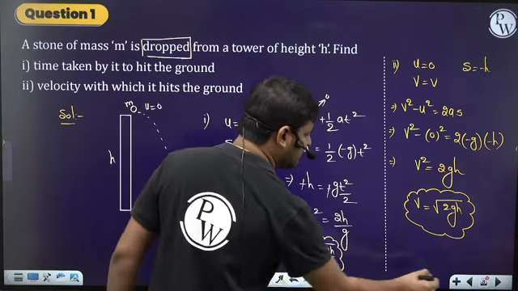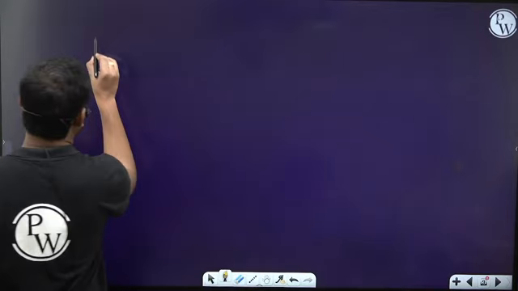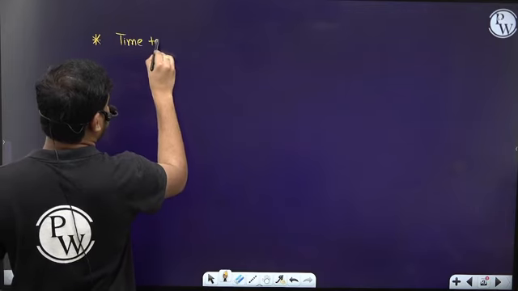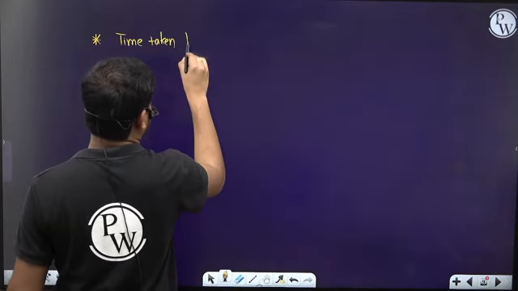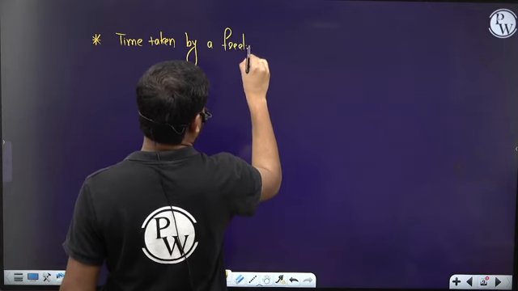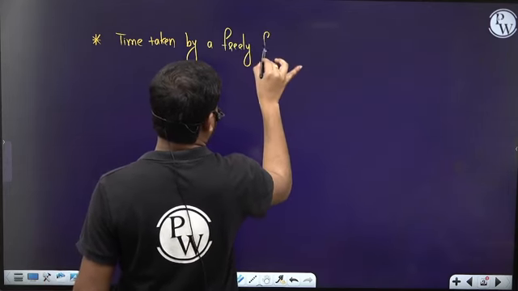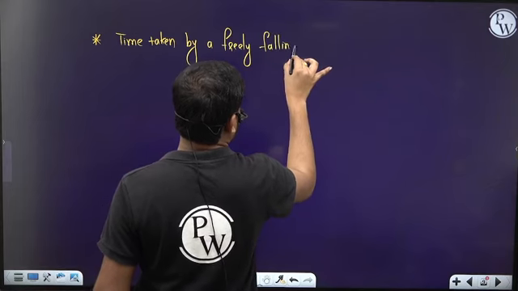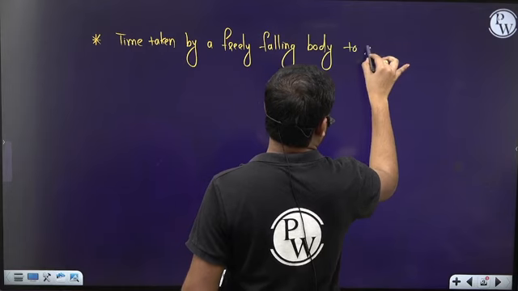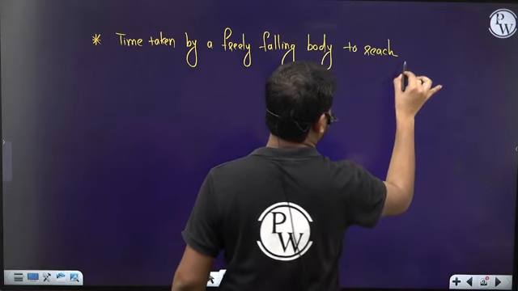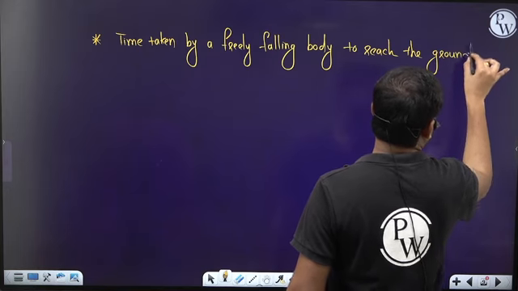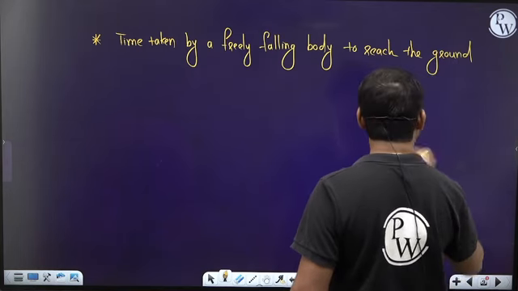Now here is one thing that you have to understand. The time taken by a freely falling body to reach the ground is independent of the mass of the body.